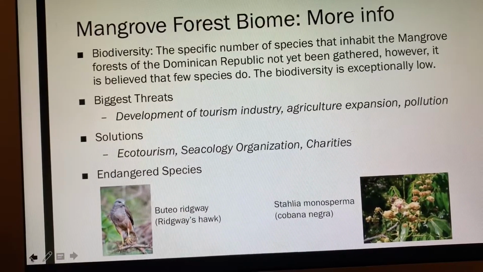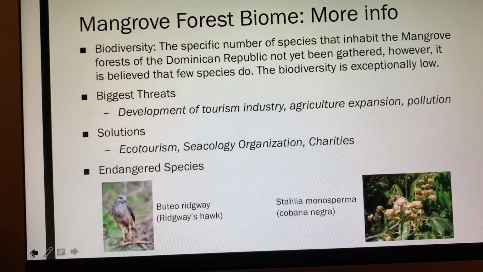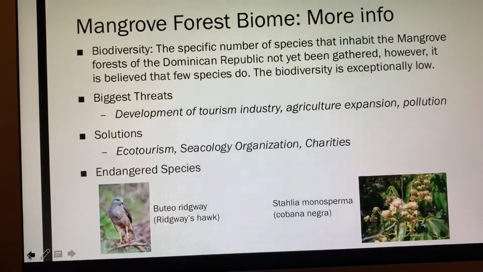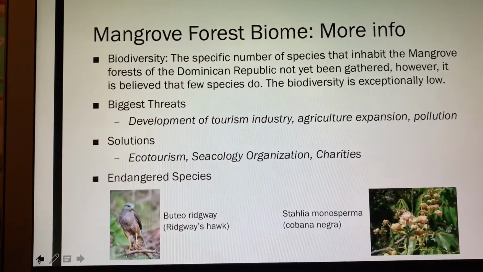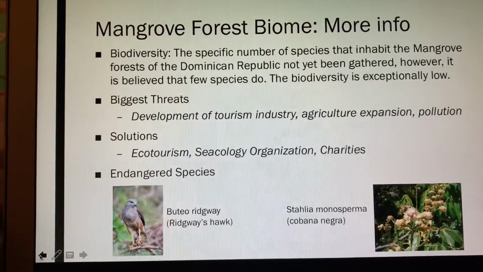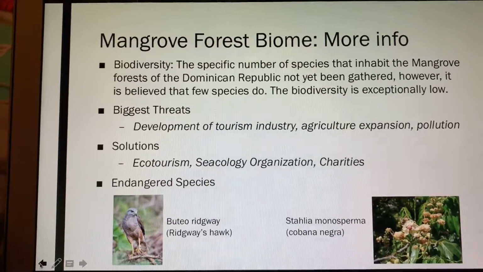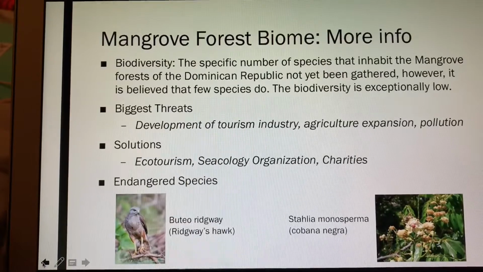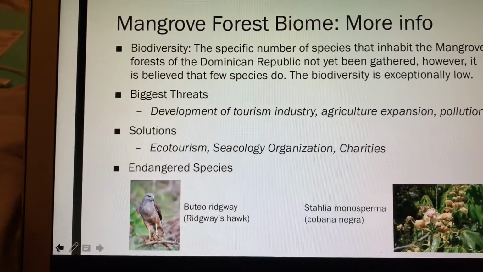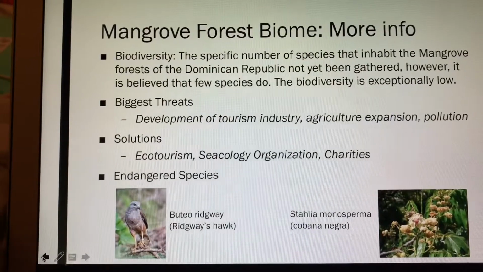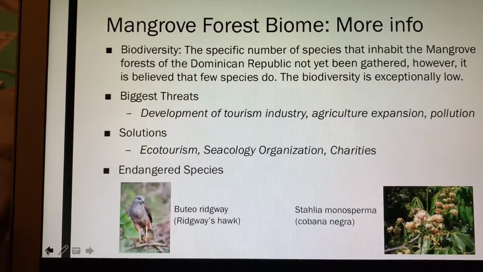And all of the money gathered from these tourist industries goes into charities to help the environment. And there's also, you can kayak along the coastline and see the mangrove forest. And one organization that's developing that is Ecology.